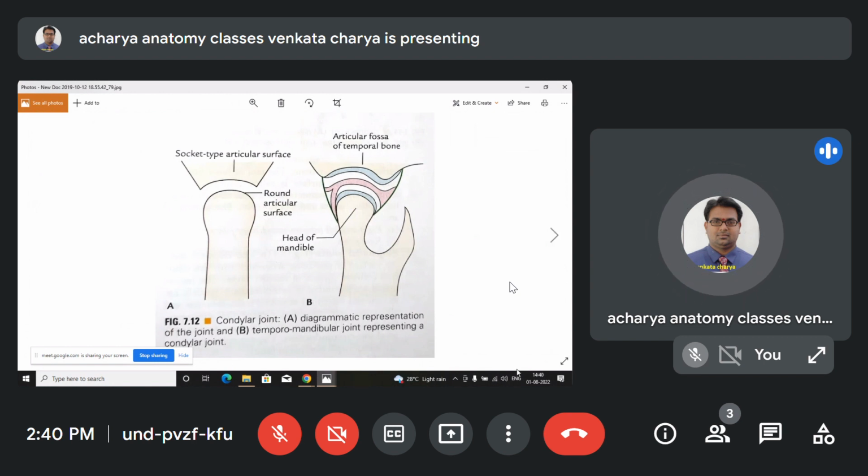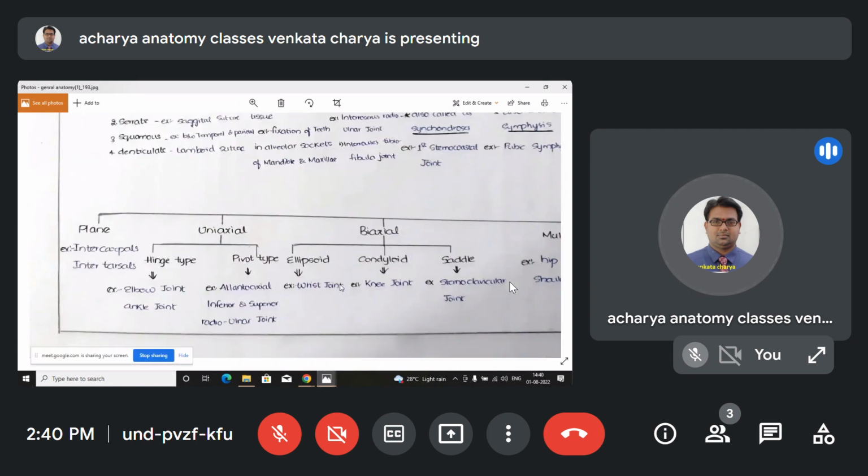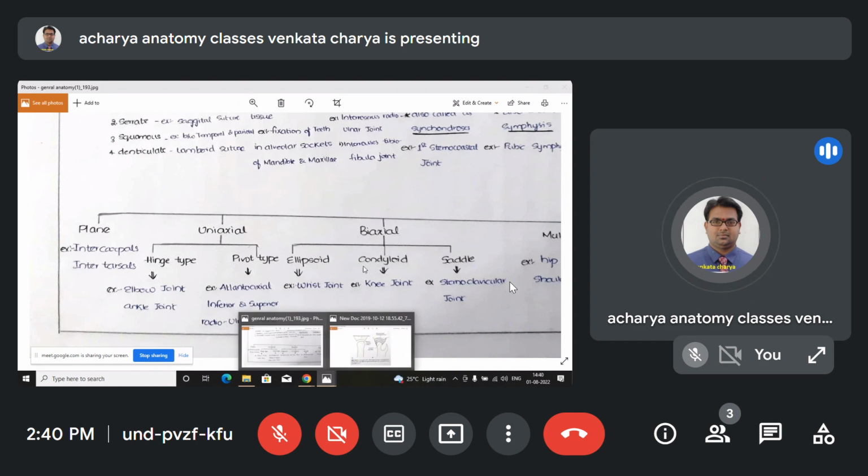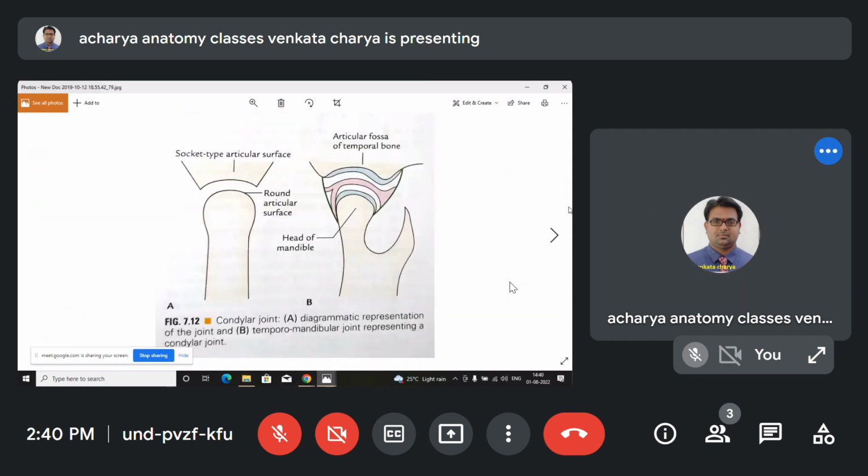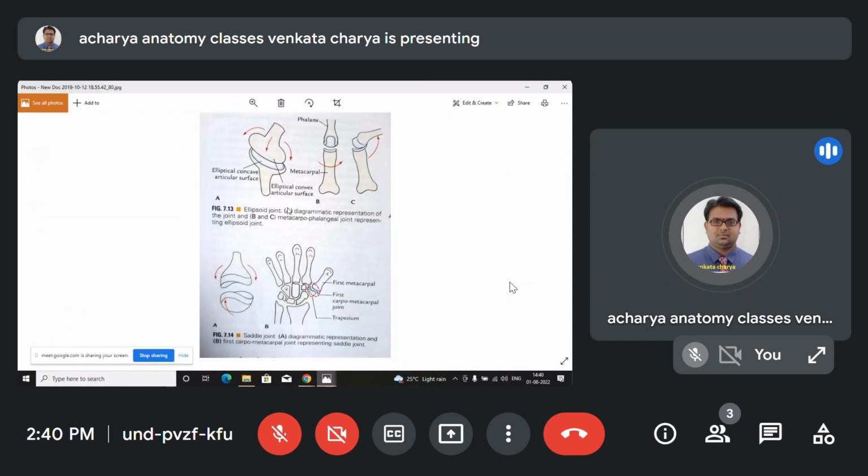Next type is the condylar type. So biaxial, ellipsoid, and condylar. First we discuss the ellipsoid type.